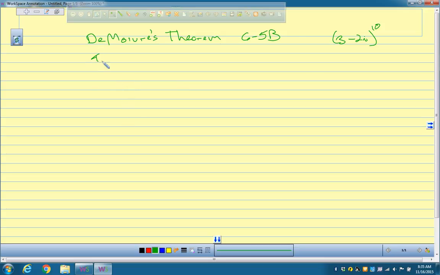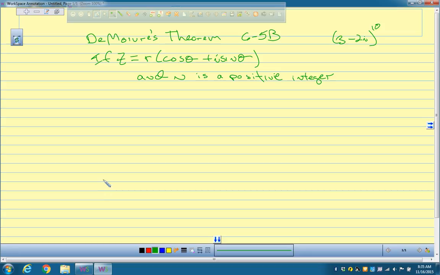So if z equals r cosine theta plus i sine theta, okay, and n is a positive integer, that says positive integer, then z raised to the nth power is equal to r to the nth power times the cosine of n times theta plus i sine of n times theta.